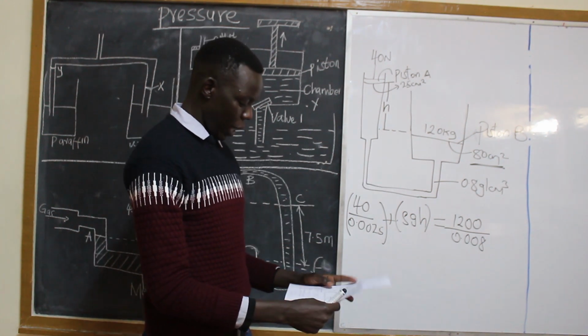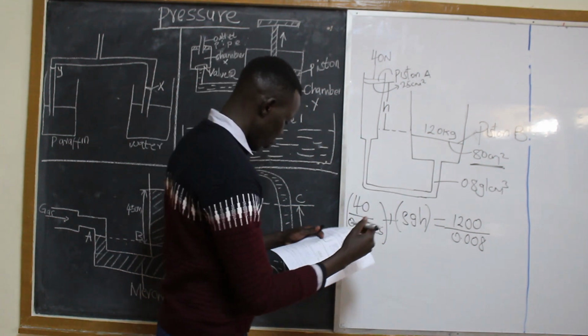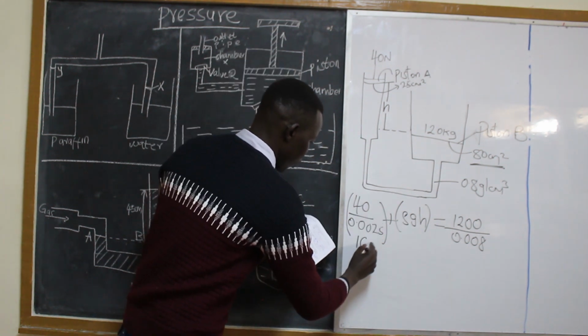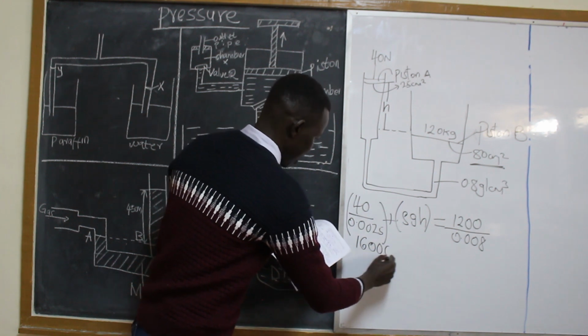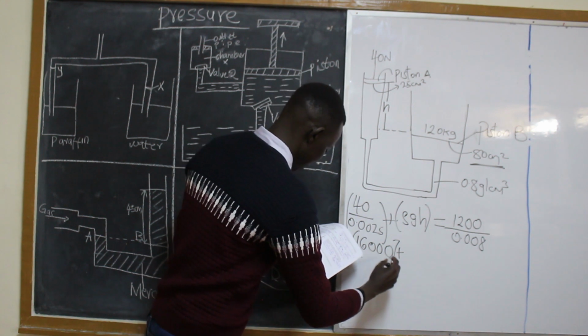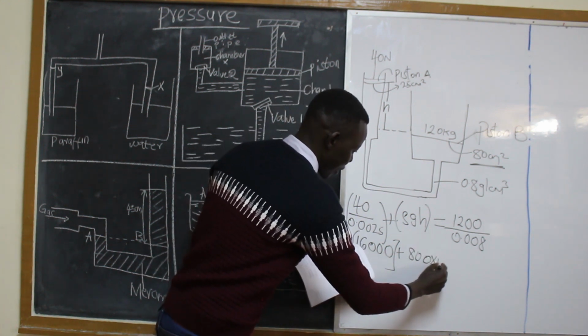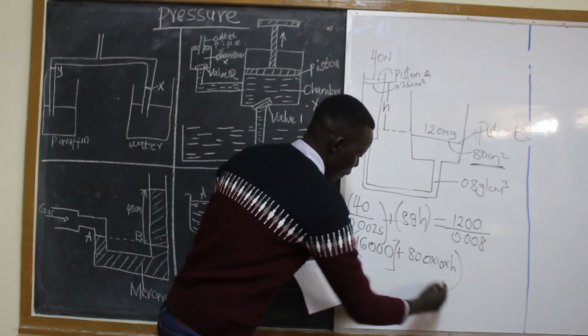Then from there, allow me to give you directly the way it will be. This one will give you 16,000, plus, we have to bracket, plus 800 times 10 times h.